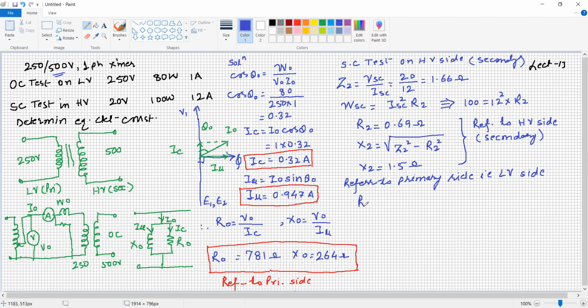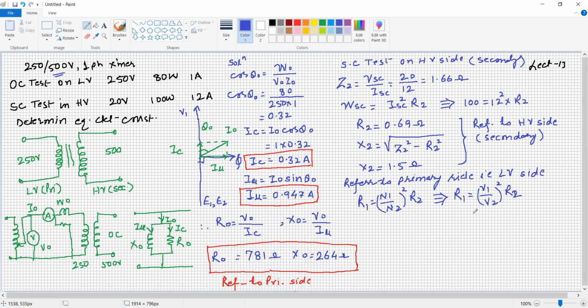So R1 is equal to (N1 upon N2) whole square times R2, but here the turns ratio is not given, whereas voltage ratios are given. So R1 is equal to (V1 upon V2) whole square into R2.